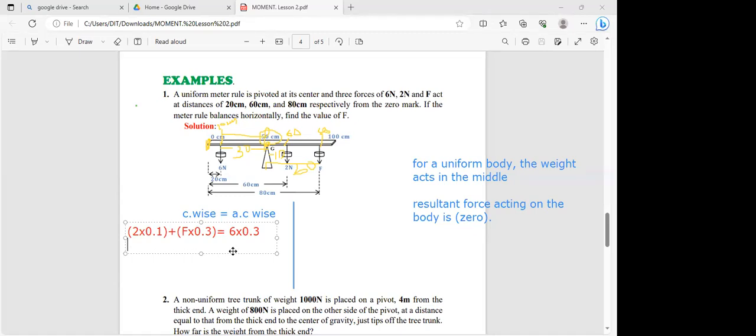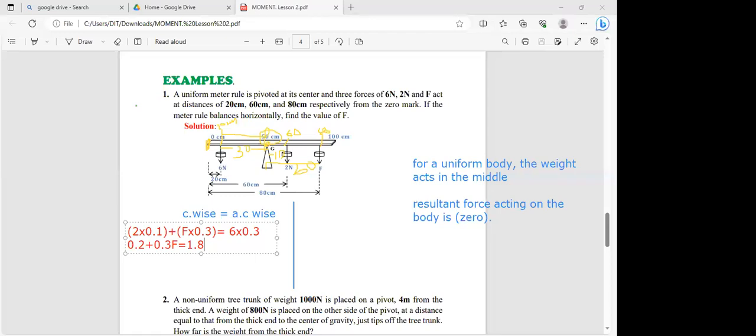Now, after having that, we continue, and we will be getting our answer here. 2 times 0.1 is 0.2. So we have 0.2 plus 0.3 F being equal to 6 times 0.3, which will give us 1.8.